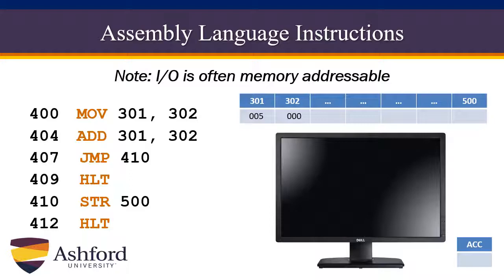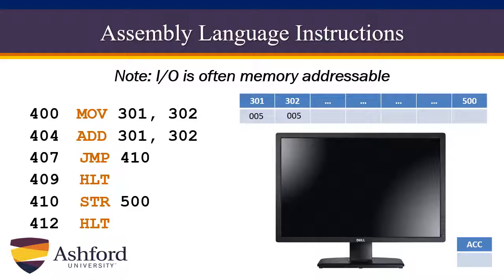So let's start at memory location 400. We have the opcode move, and we're going to move whatever is in memory location 301 to memory location 302. So when that happens, memory location 302 then becomes 005, which is the value that's stored in memory location 301. So that's decimal 5.